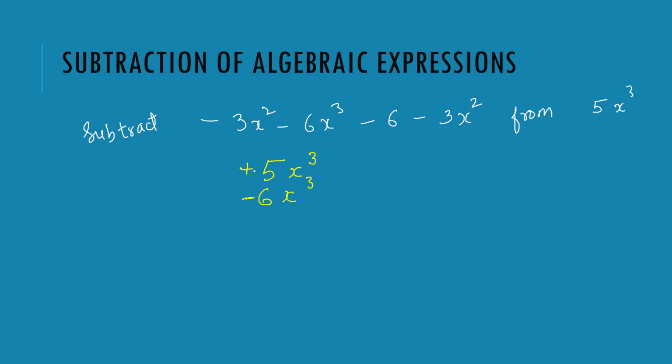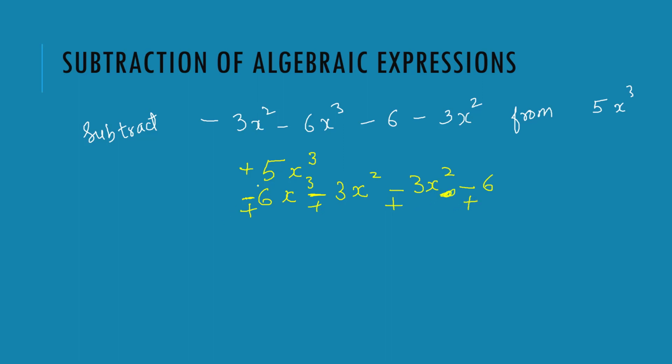Next, I'm going to do that one, minus 3x squared, and I have got another 3x squared, and I've got 6, which is minus 6. Now I'll turn this into plus, this into plus, this into plus, and this into minus.